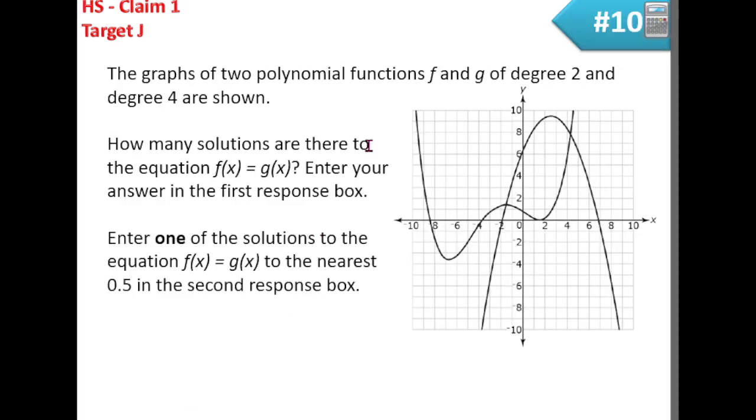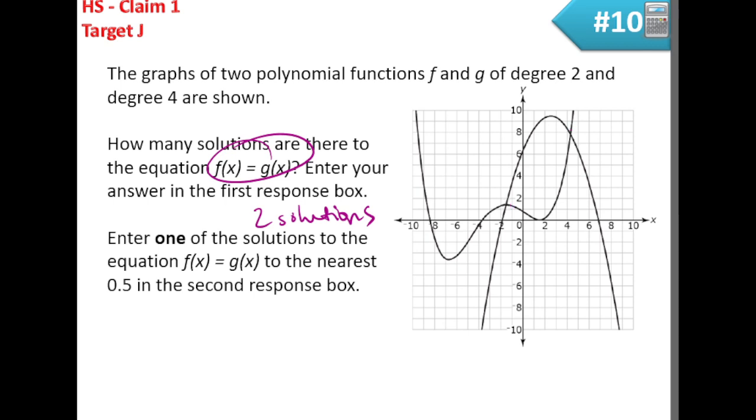Here, how many solutions are there to the equation? There's one solution here, there's 2 solutions. So there's 2 solutions in total. It's where they intersect. Enter one of the solutions to the equation to the nearest 0.5 in the second response box. So this means which one has the closest 0.5 value.